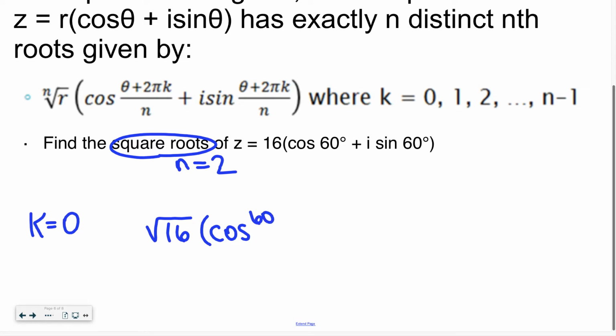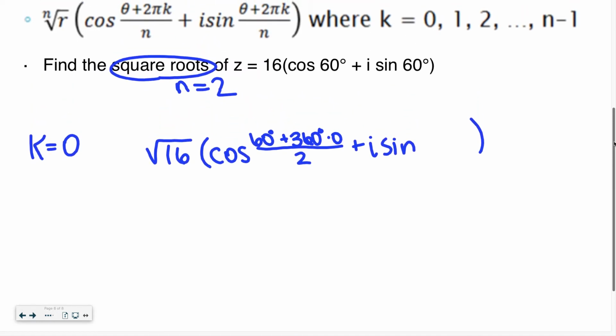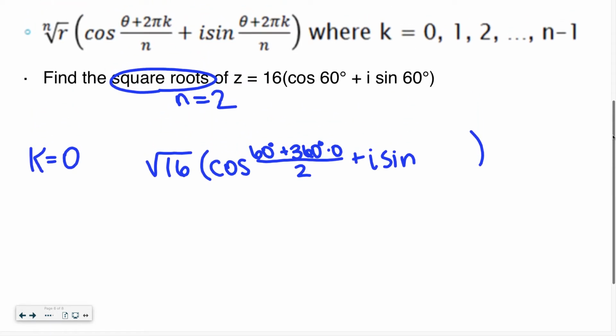Then we have 60 degrees plus, instead of 2 pi k, I'm going to write 360k over n. Our angle has to be consistent, right? So what is 60 plus 360 times 0 divided by 2?